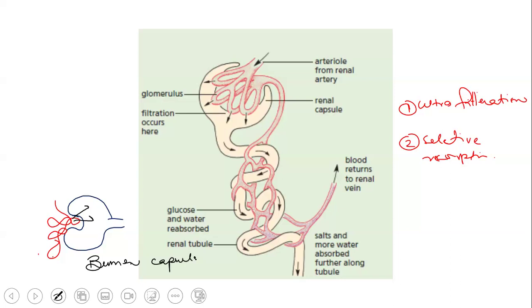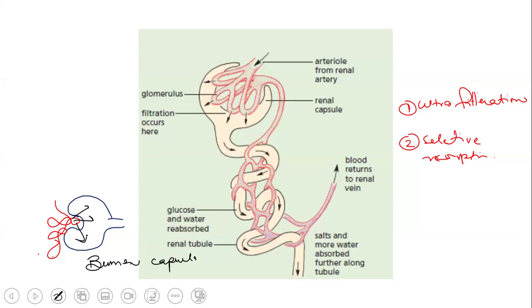But these gaps are too small and will not allow any of the plasma proteins, albumin, all those plasma proteins found within the blood, to move out of the capillaries. But other than that, your urea, your water, your salts, sodium, chloride, potassium, your glucose, everything is going to move out into the Bowman's capsule.